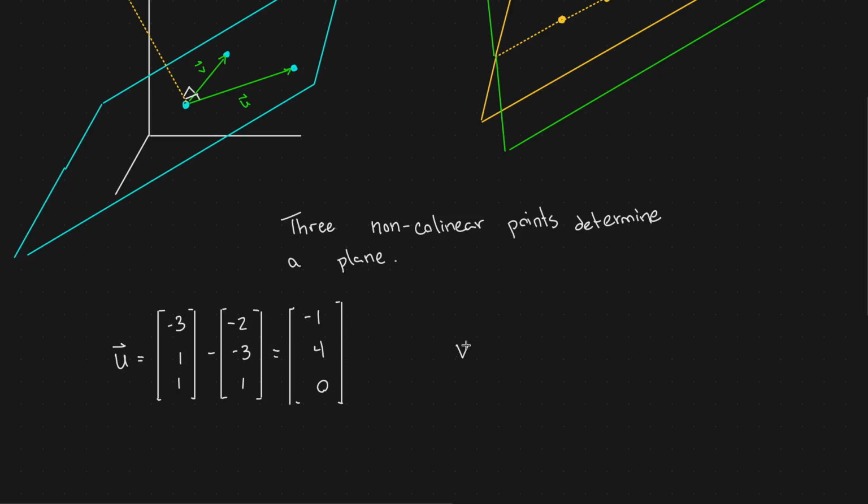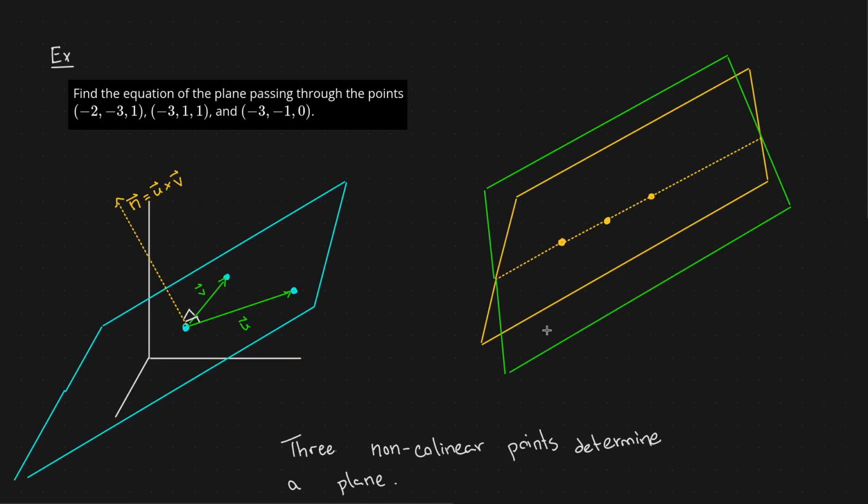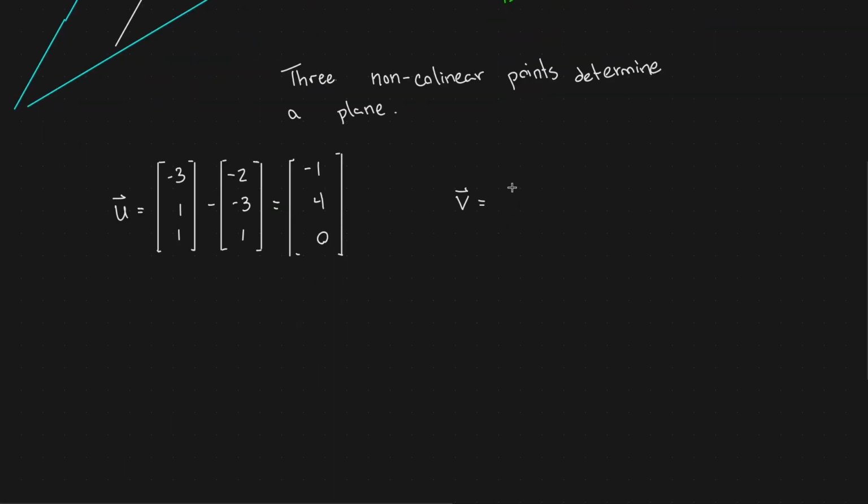Let's do it one more time. I need two vectors that are parallel to the plane. So I've looked at this pair of points. Let's look at a different pair of points. Again, end minus start. So (-3, -1, 0), I believe it was.